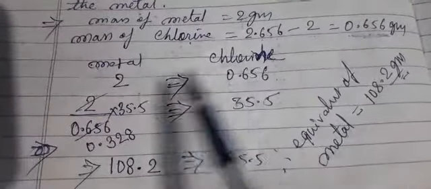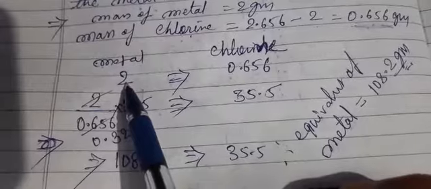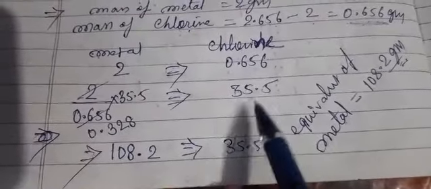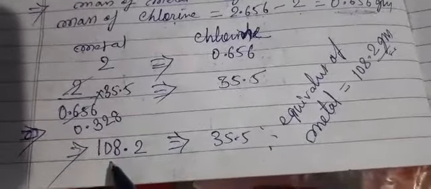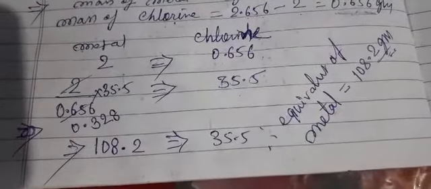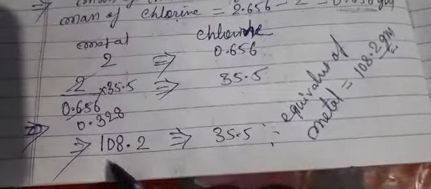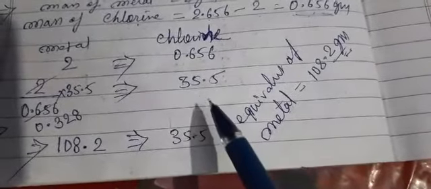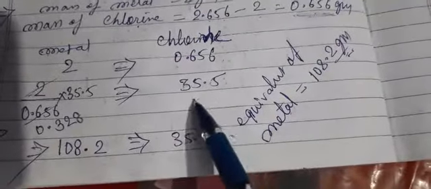0.656 gram of chlorine reacts with 2 gram of metal. So that is why 35.5 gram of chlorine reacts with 108.2 gram of metal. So that is why the equivalent weight of the metal would be 108.2 gram. Here what we have done? It is the equivalent weight of chlorine.